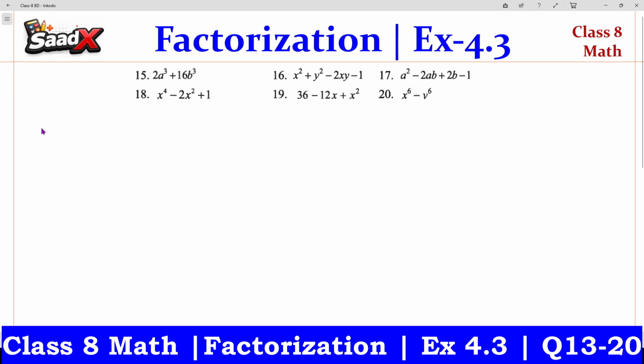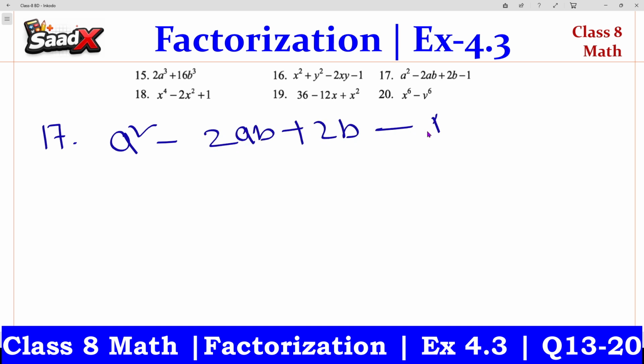Number 17. a square minus 2ab plus 2b minus 1. So from here, if we take common a, nothing will happen, but here is 2b and here is 2ab and here is 1. So how can we solve this one?